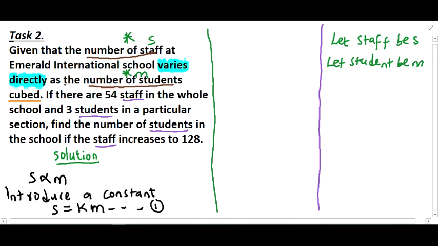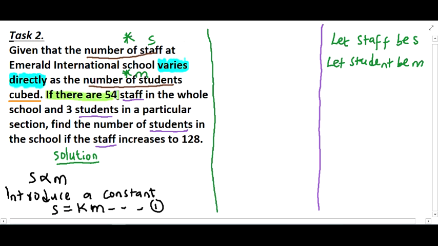It says that if there are 54 staff in the whole school and 3 students in a particular section, so I think let's go to this next part of the question and fix it. Okay, let's solve from this part now.